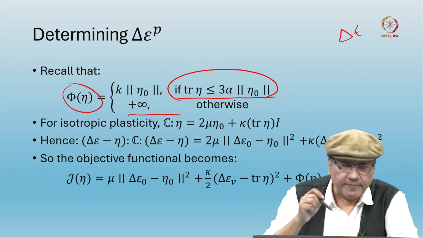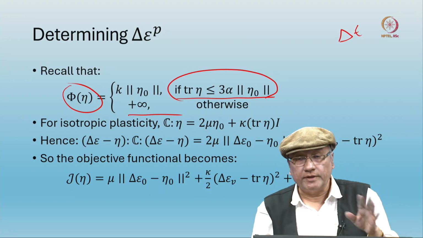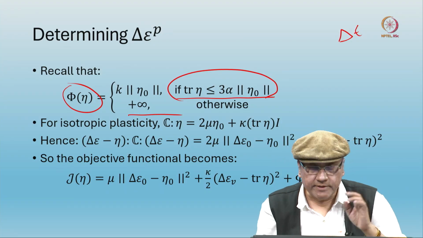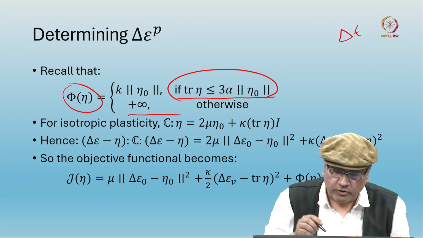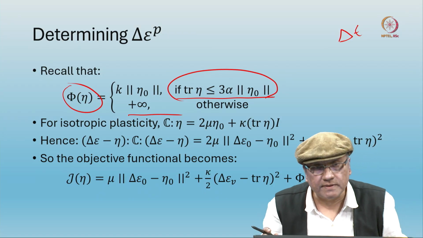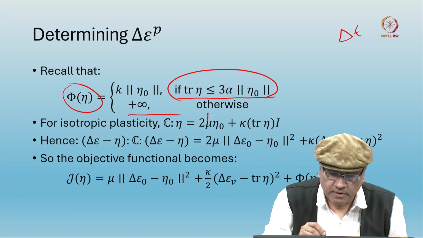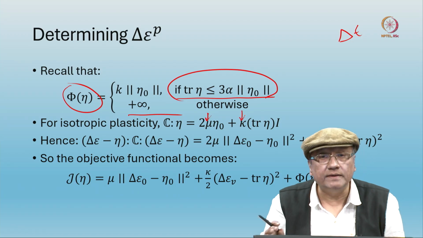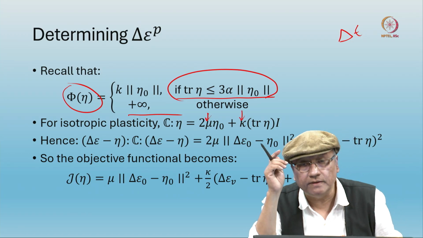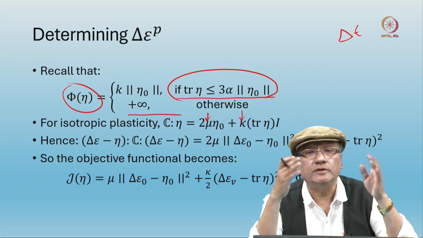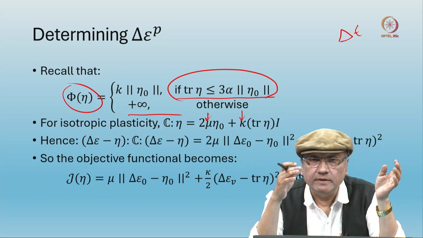So for isotropic plasticity, as we have been working with small deformation isotropic plasticity, we know that there are only two material constants, the Lamé parameters mu and kappa, mu being the shear modulus and kappa being the bulk modulus.